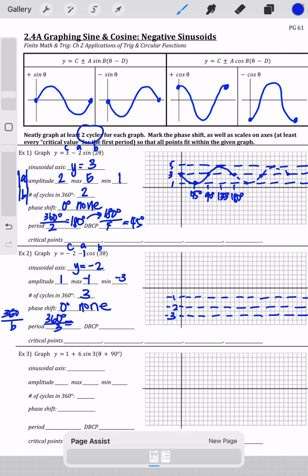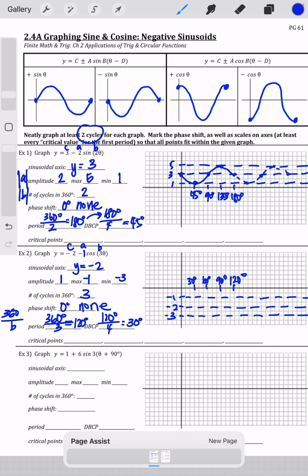So that's 120. We're gonna have 120 degrees divided by 4 is our distance between critical points, which is 30 degrees. And I can now count by 30s, right? So I'm gonna mark off 30 degrees, 60 degrees, 90 degrees, and 120 degrees.